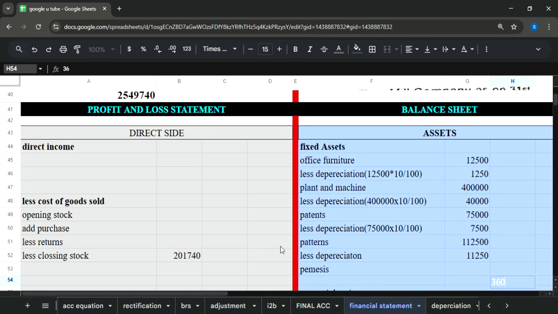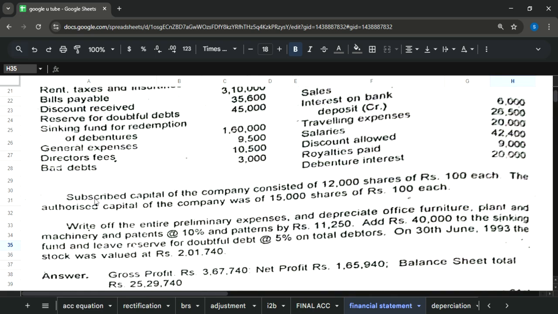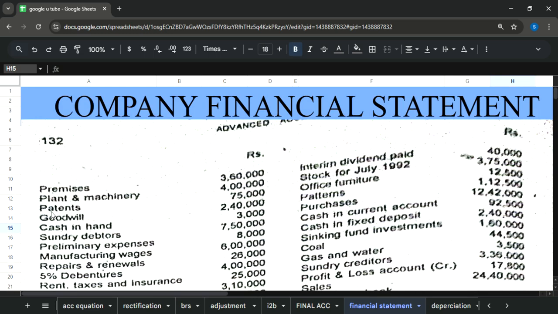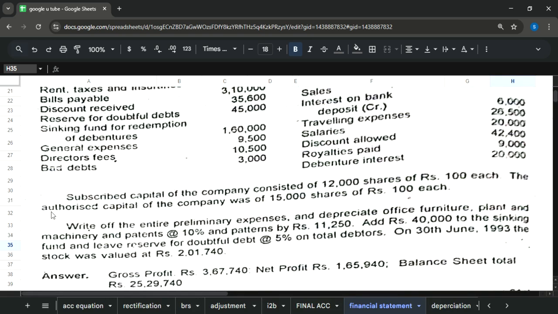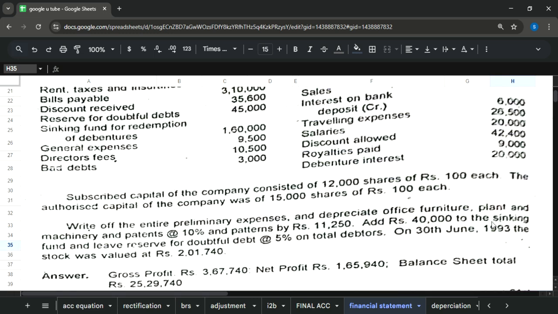Write down 360,000, and this was here. Premises completed. Now plant and machinery 4 lakh. This was already written, 4 lakh. Look at here. After which we have patents 75,000. Patents are also written, 75,000.